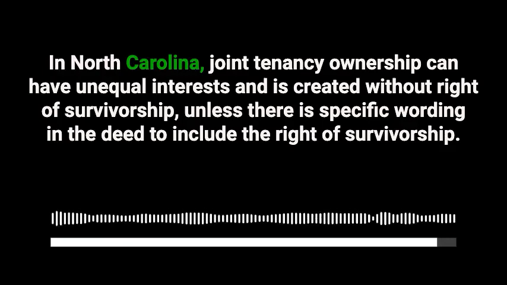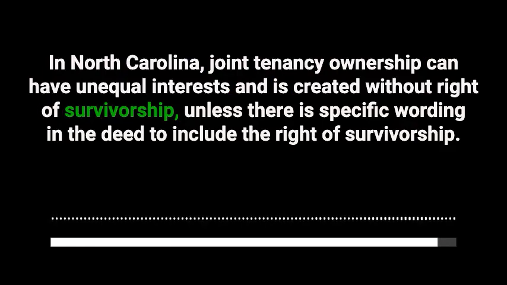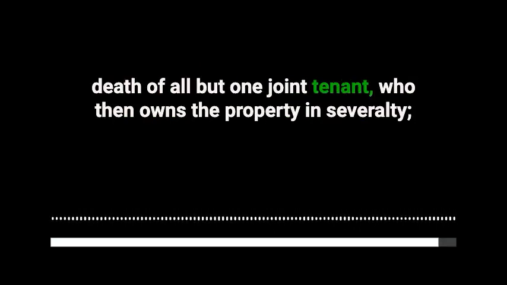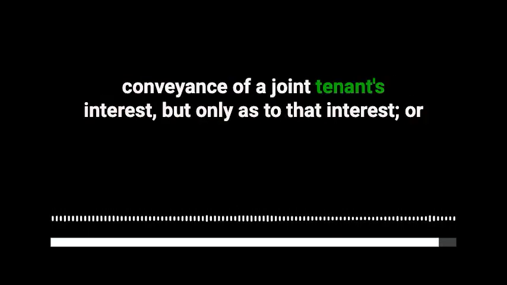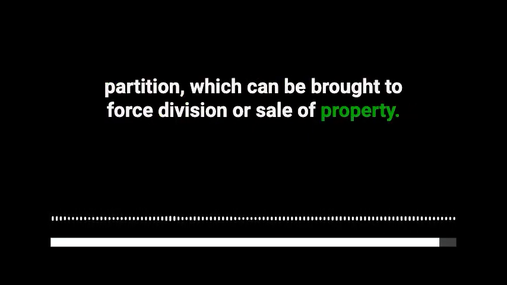In North Carolina, joint tenancy ownership can have unequal interests and is created without right of survivorship, unless there is specific wording in the deed to include the right of survivorship. Termination of joint tenancy is by death of all but one joint tenant, who then owns the property in severalty, conveyance of a joint tenant's interest, but only as to that interest, or partition, which can be brought to force division or sale of property.